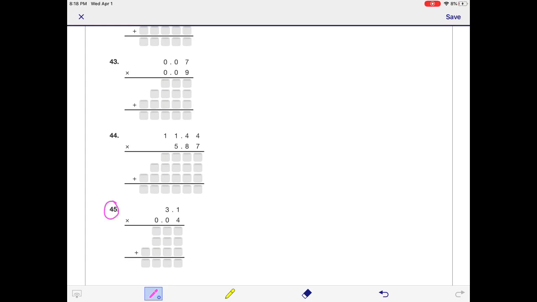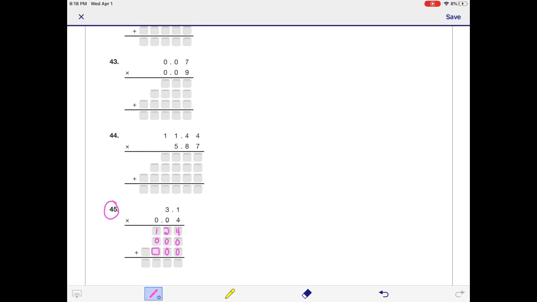Just do some regular multiplication. 4 times 1 is 4. 4 times 3 is 12. Now remember, you're putting a placeholder in if you want to move over, okay? Now you've got 0 times 1, 0 times 3. Okay, now you've got to move over to the place right here, right?